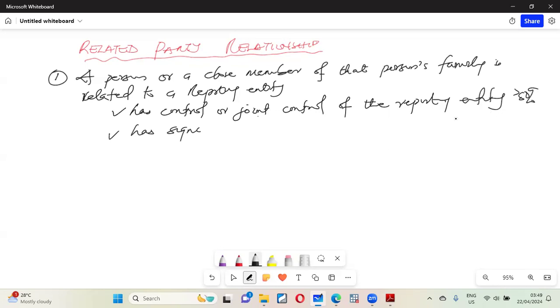Do they have the same influence? Significant influence means that the person has less than 50%, but he plays a major role in the entity.